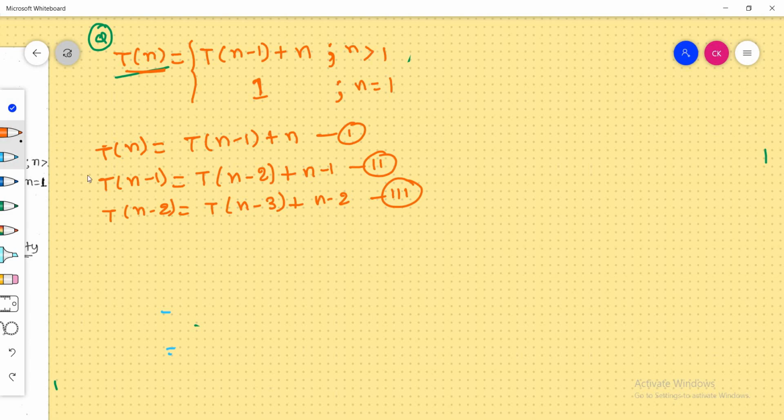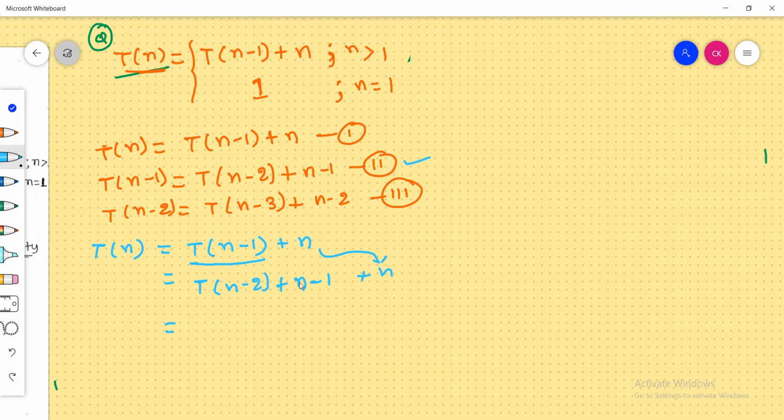Now our original equation is T of n is equal to T of n minus 1 plus n. Now in place of this one, from equation number 2, we can rewrite this equation: T of n is equal to T of n minus 2 plus n minus 1 from equation number 2 only, and plus n for this one.